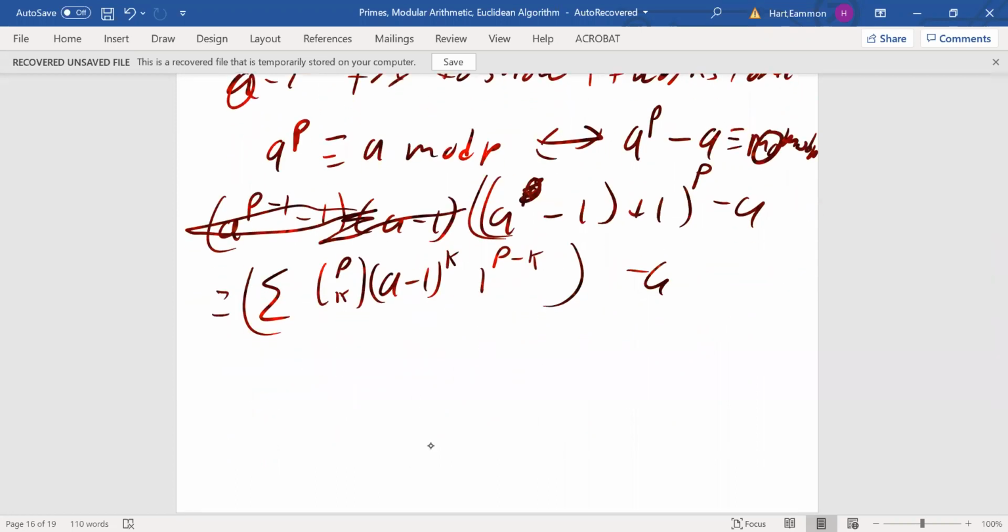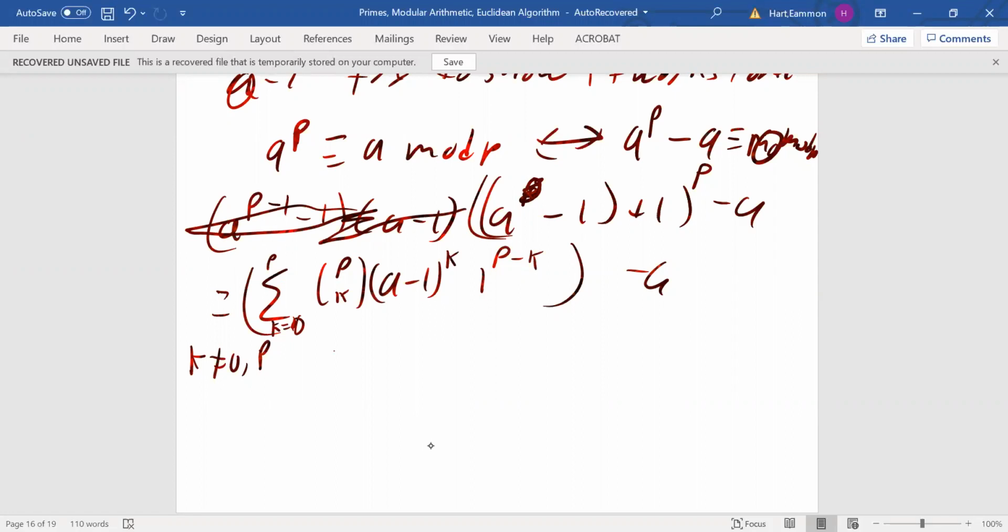But so for p choose k, for k not equal to 0 or p, so this is going from k equals 0 to p, then it's going to be not coprime with p. So each of these guys, except for these two cases, is going to involve a p. It's going to be a multiple of p.